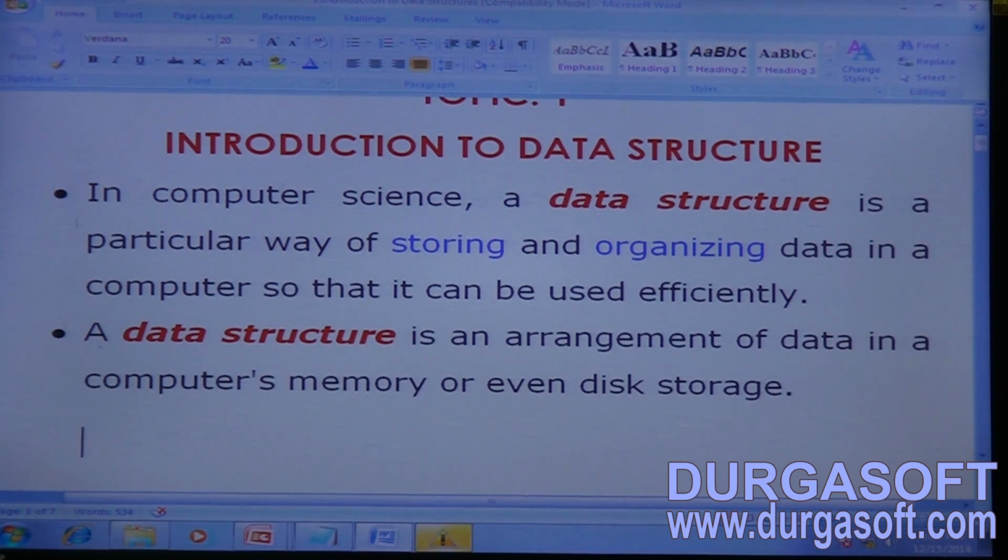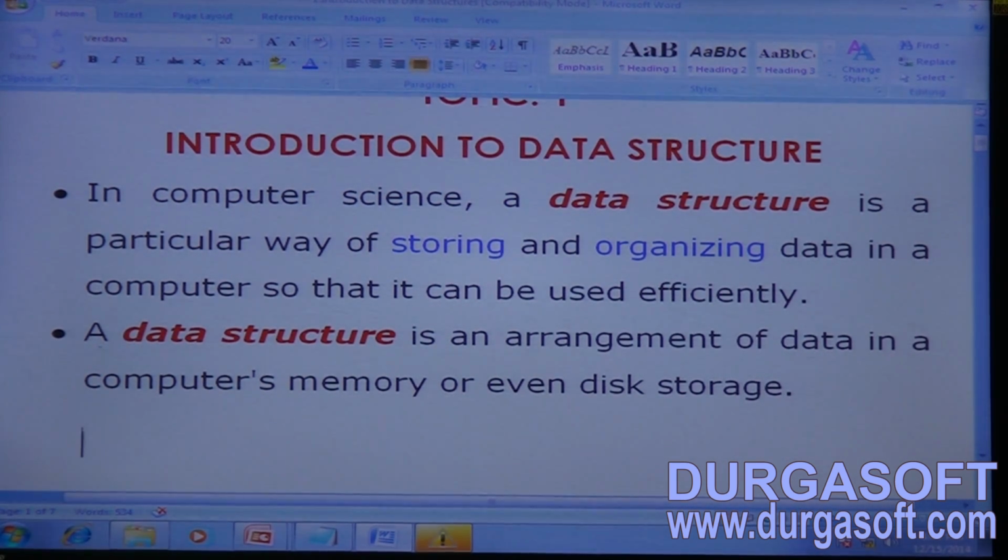As an example, say a printer requires a queue data structure to hold the jobs which are sent by the different users. Consider a printer which is placed in networking.